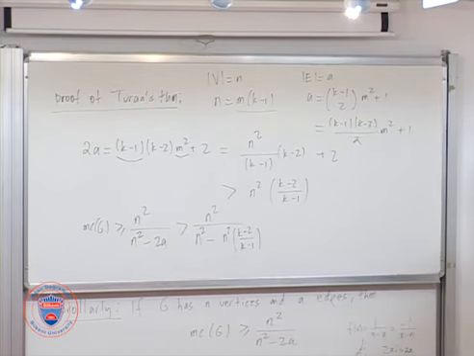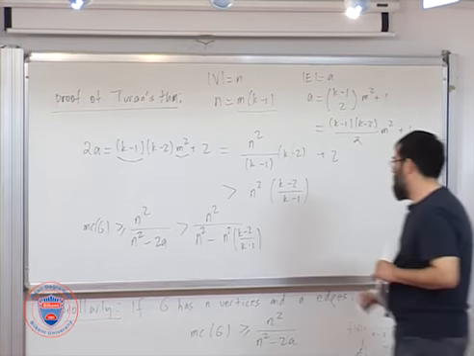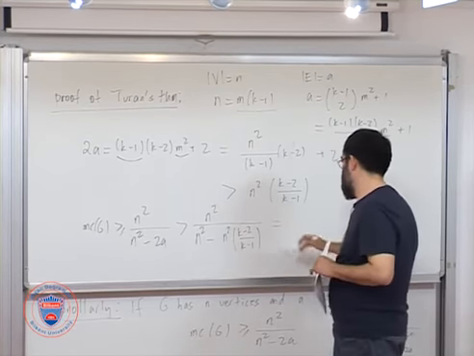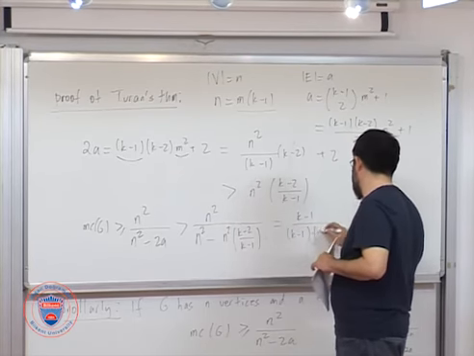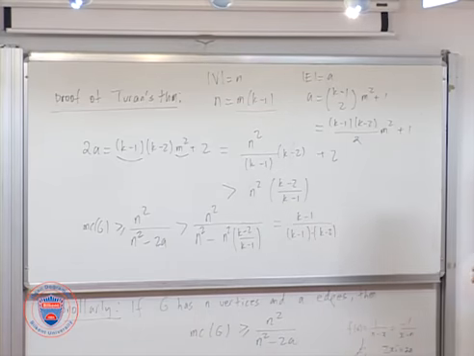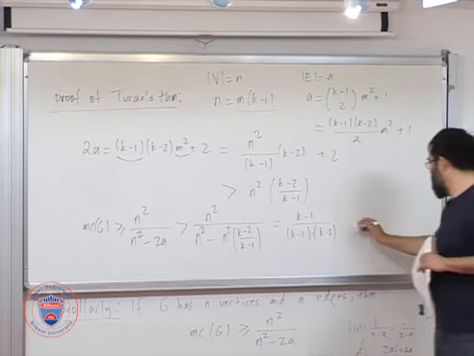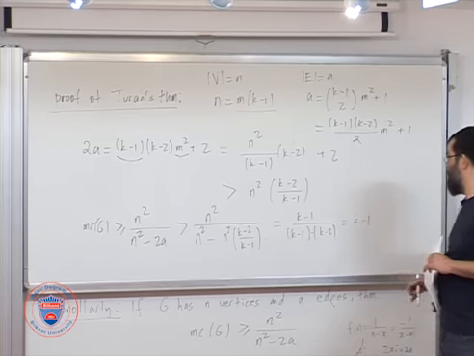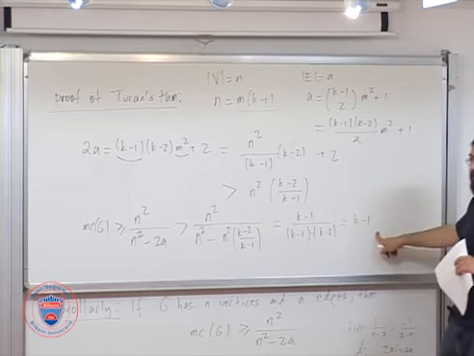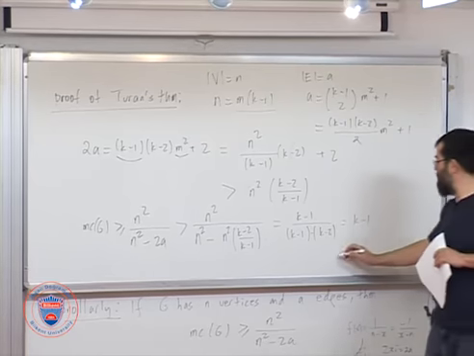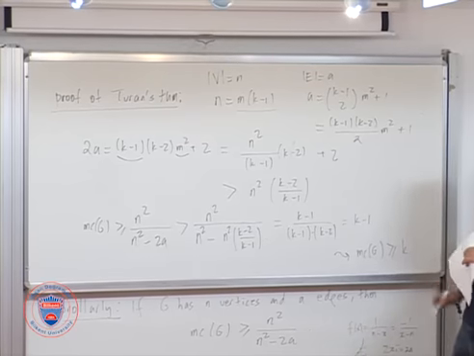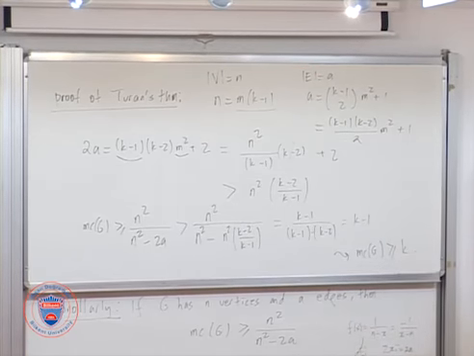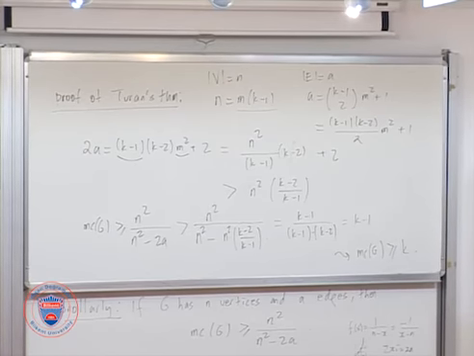It's minus and 1 over, so it's still bigger. Now n squared cancels, and then you get k minus 1 divided by k minus 1 minus k minus 2. And this is only 1, so you get k minus 1. But it's strictly bigger than k minus 1, which implies that the clique number of the graph is bigger or equal to k. So that means there's a clique of size k. There's always a clique of size k.